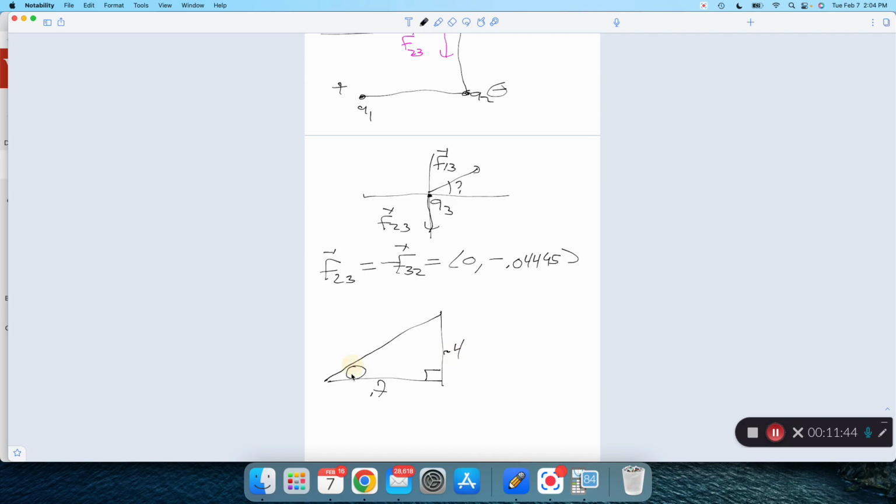I'm going to have to find this angle here because that's the same angle up here that the force is going to make. That's this angle theta right there. I have to find that angle because I'm going to have to do some trig. And I have to find this side because I need the distance between 1 and 3. So this here we'll call R13. That's the distance between them.